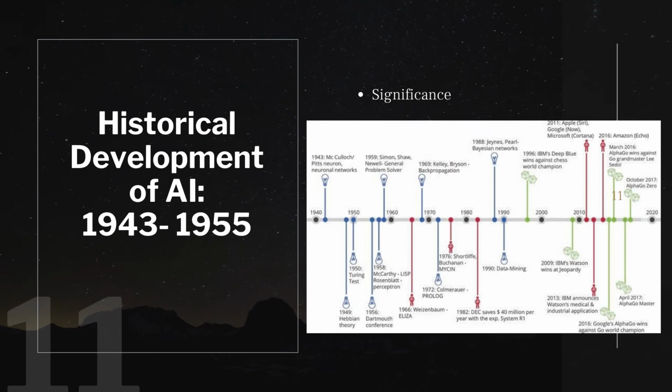Can machines do that? So the term artificial intelligence was first spoken of at the conference held at Dartmouth College in Hanover in the U.S. state of New Hampshire in 1956. This is why it's very significant. 1956 is extremely significant. I will talk more about that.